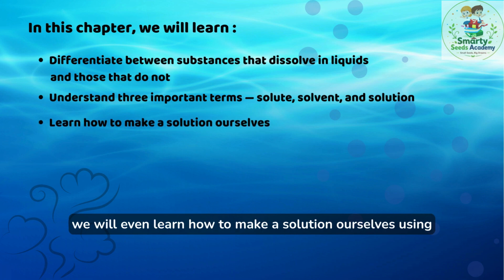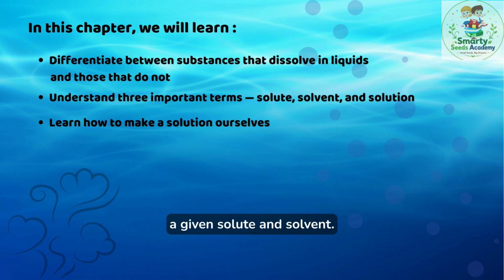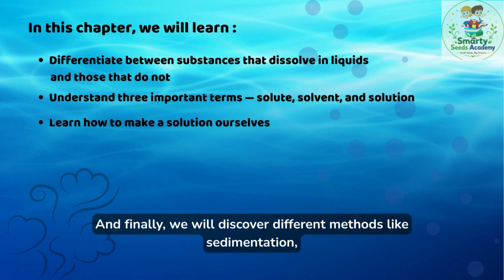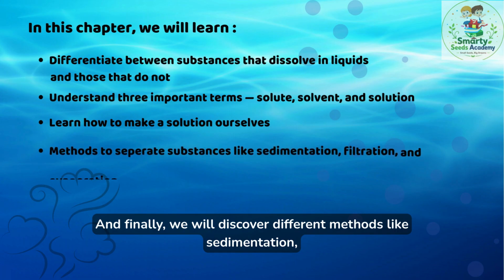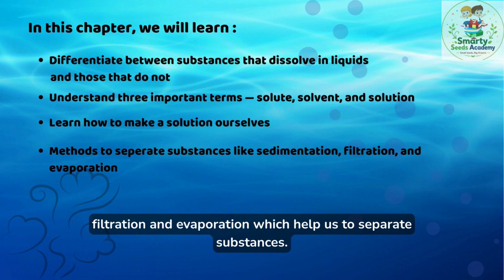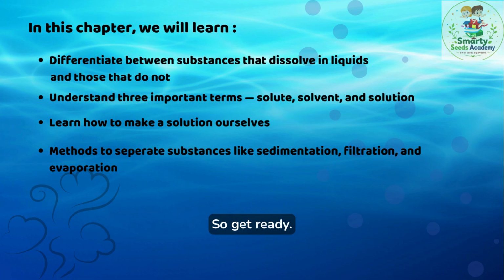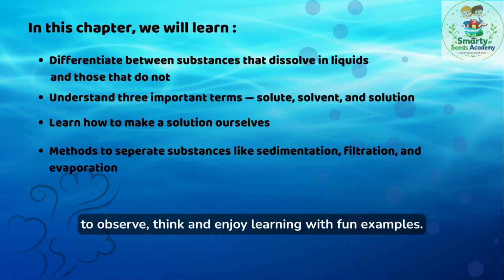Not just that, we will even learn how to make a solution ourselves using a given solute and solvent. And finally, we will discover different methods like sedimentation, filtration, and evaporation which help us to separate substances. So get ready to observe, think, and enjoy learning with fun examples.